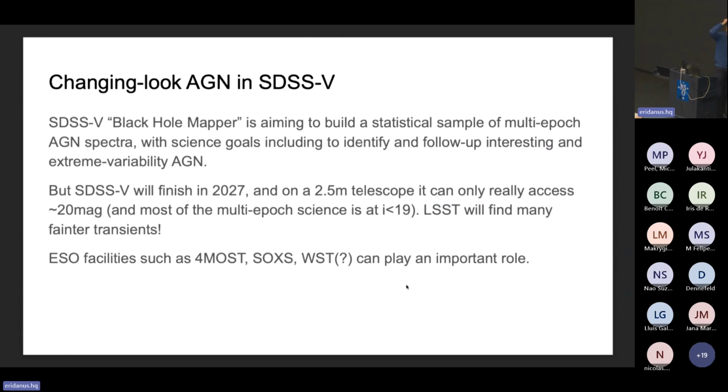To summarize, SDSS-V is already doing a statistical sample of tens of thousands of known AGN. But this is clearly not enough for multiple reasons, not least of which SDSS-V is only funded until 2027, so in two years' time it'll be finished. It's on a 2.5 meter telescope, so it's only really targeting down to 19th, 20th magnitude.